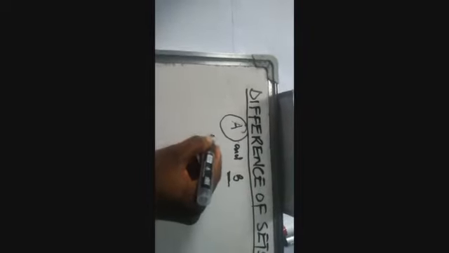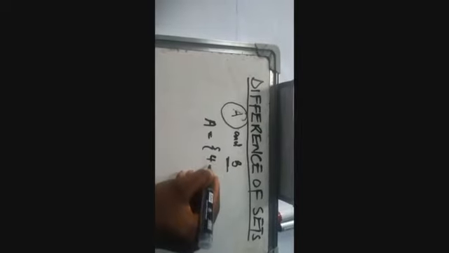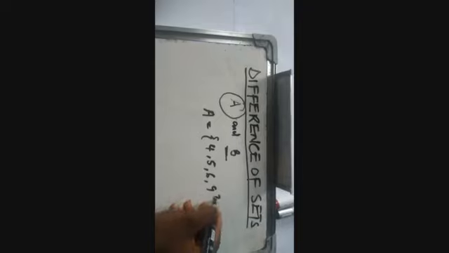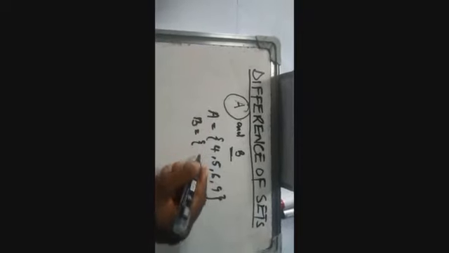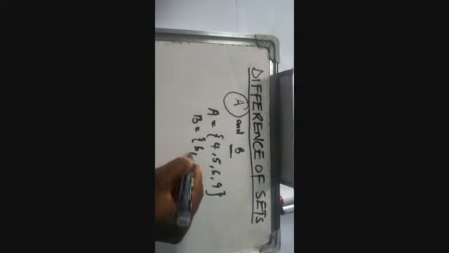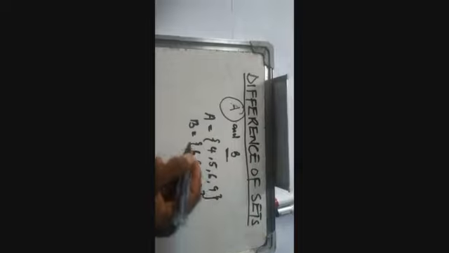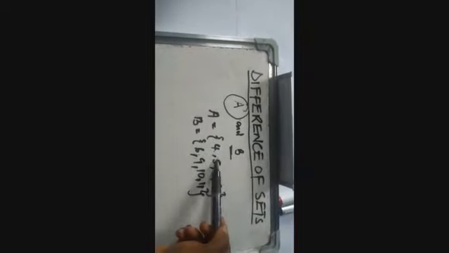Now, if we have set A equal to 4, 5, 6, 9, and set B equal to 6, 9, 10, 11, how do we get the difference of these two sets?